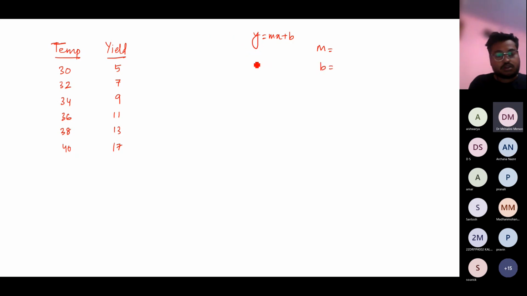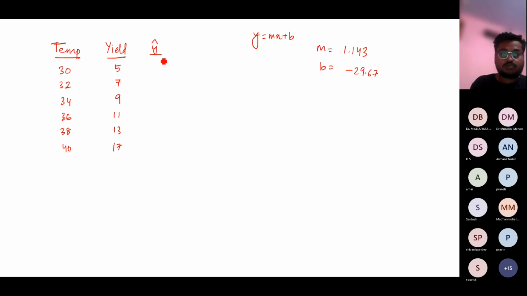We calculated m in the first question, 1.143. The intercept b is minus 29.67. So here y hat is the predicted value.